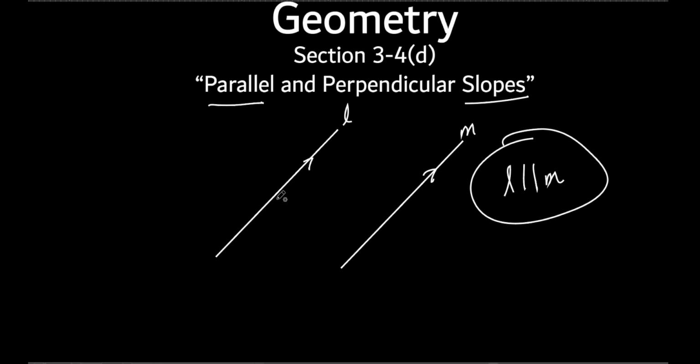They're going to be exactly the same. That's right, because they slant the same way. They have the same steepness. When you go up a mountain, it's steep, right? So this has the exact same steepness as this. If lines are parallel, what's true about their slopes? They are the same.